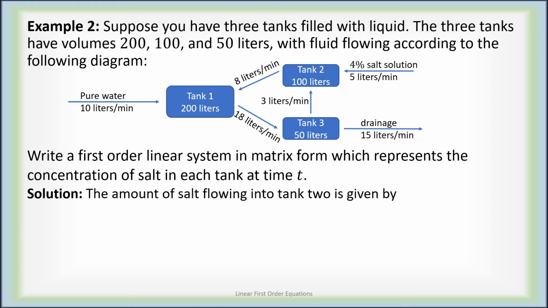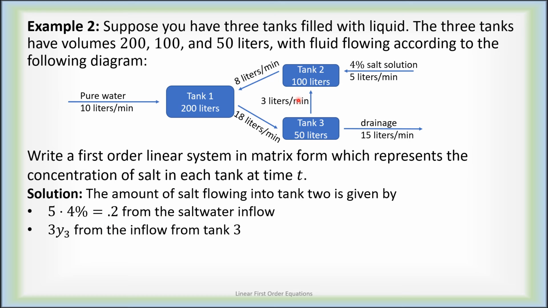Now let's take a look at tank 2. Tank 2 has this inflow here, 5 liters per minute at 4% solution. That's 0.2 units of salt flowing in per minute. It's also getting 3 liters at whatever the concentration of tank 3 is, that's 3Y3, but it is losing 8 liters of its own liquid, so minus 8 liters at concentration Y2.